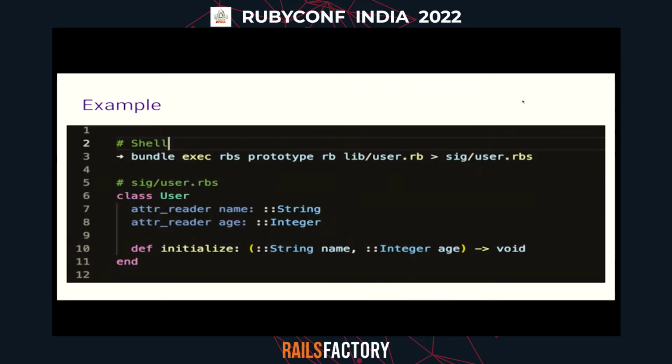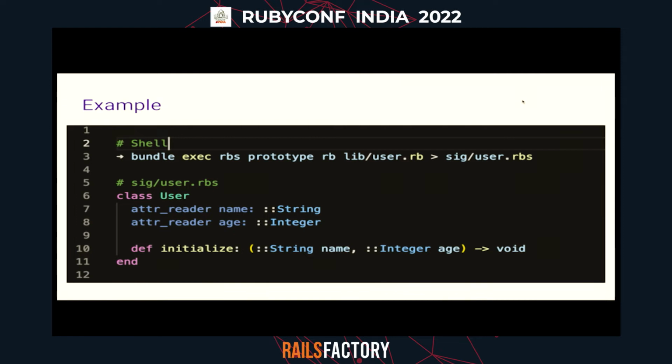For this, if we are going to generate the RBS, I run RBS prototype RB, then provide the file name. It's going to generate the RBS file. You can see it has generated attr_reader for name and age, but the string and integer types it has not generated.